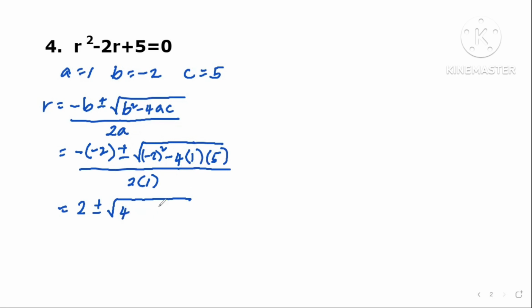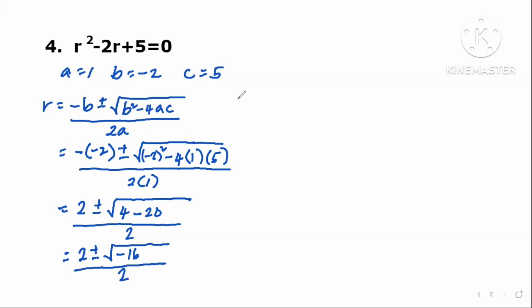Negative 4 times 1 times 5 is negative 20 over 2. So that is equal to 2 plus minus 4 minus 20 is negative 16 over 2. So this is equal to 2 plus minus.